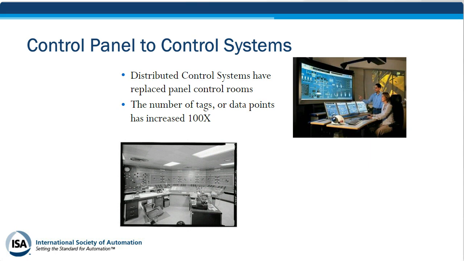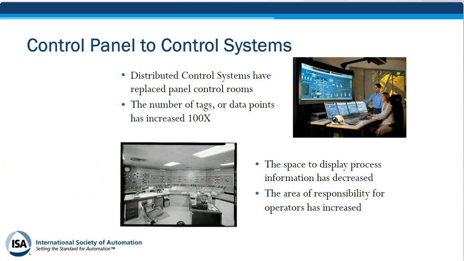And then what we've seen is the number of tags or data points has increased exponentially. In addition, the space to display this information is decreased. So we went from a wall mount to basically computer screens, and then the area of responsibility has increased. We've had incidents, at least in facilities I've been at, where we've had more than one operator condensed down to one inside operator controlling more than one unit.